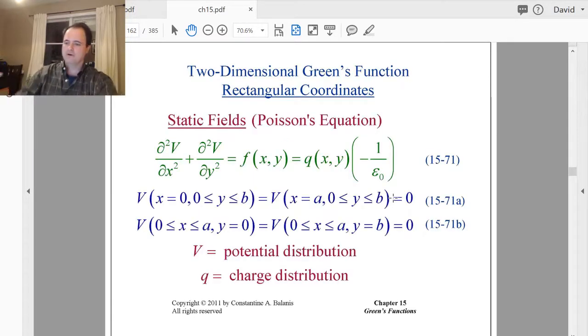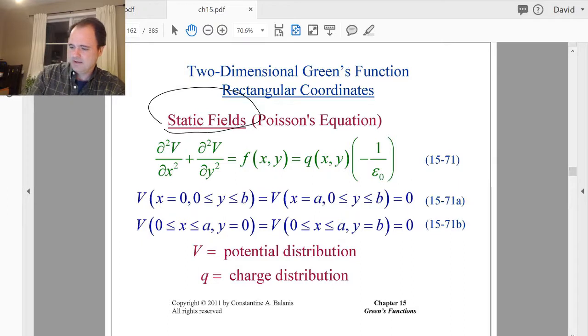Okay, so two-dimensional Green's functions, rectangular coordinates. We're going to be looking at static fields. When we're dealing with statics, we have del squared V equal to minus rho over epsilon naught, where rho is the charge density, V is the potential, and so forth.